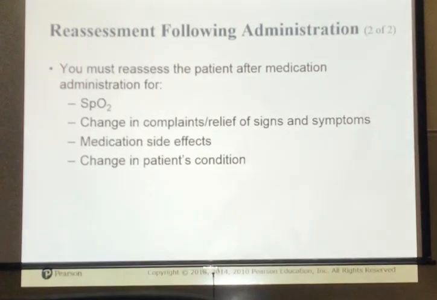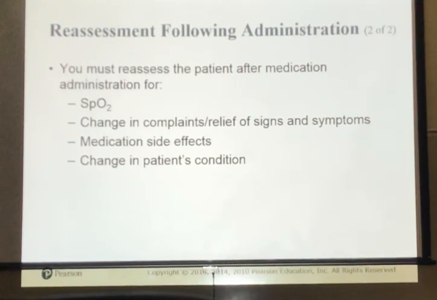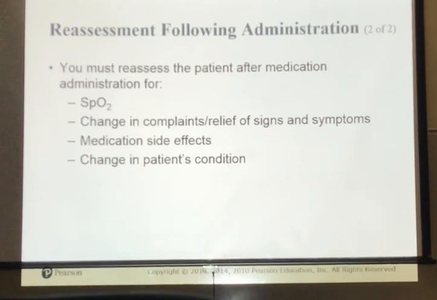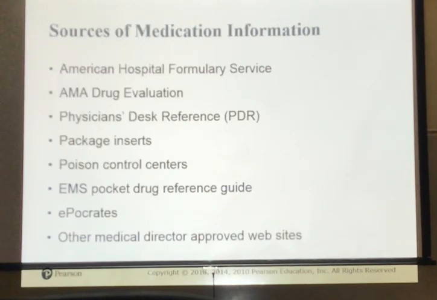Be prepared to re-administer Narcan in the known or suspected opioid overdose patient if there's no response to the initial dose, if the initial dose was not enough to adequately reverse the respiratory depression or hypotension, or if the patient's mental status deteriorates and any respiratory depression or hypotension reoccurs.